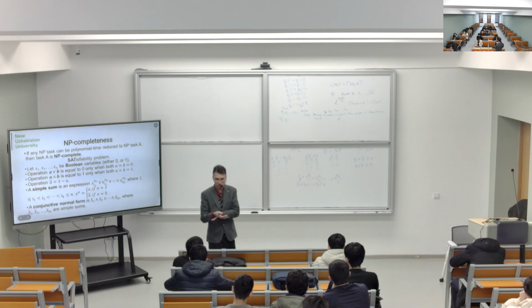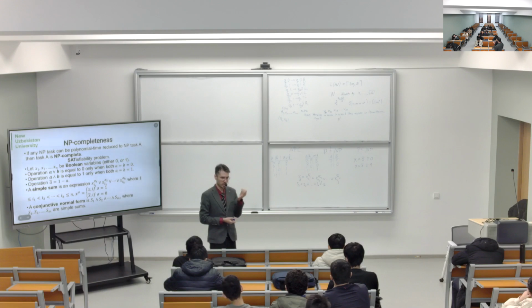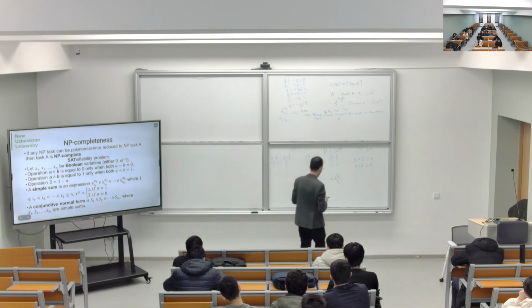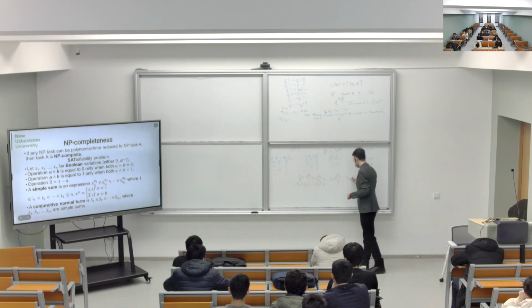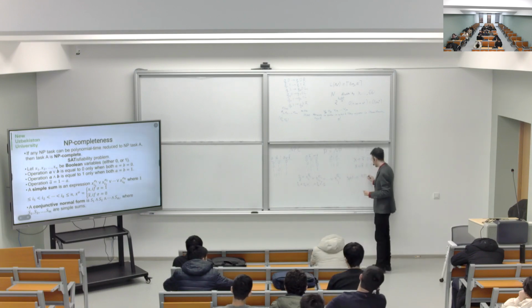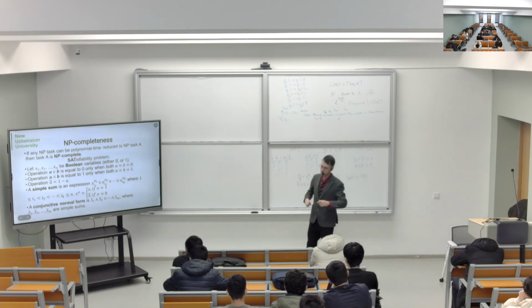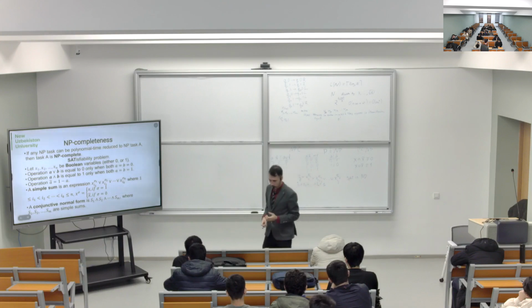If all of them are equal to 1, the answer is yes. If one of them is not equal to 1, the answer is no. So the checking time is polynomial. So the satisfiability problem is an NP problem, because we can construct a hint of polynomial length that can be checked in polynomial time.